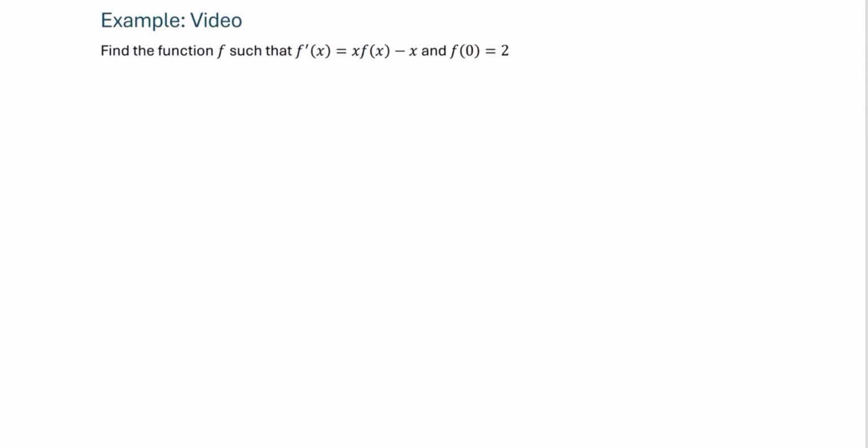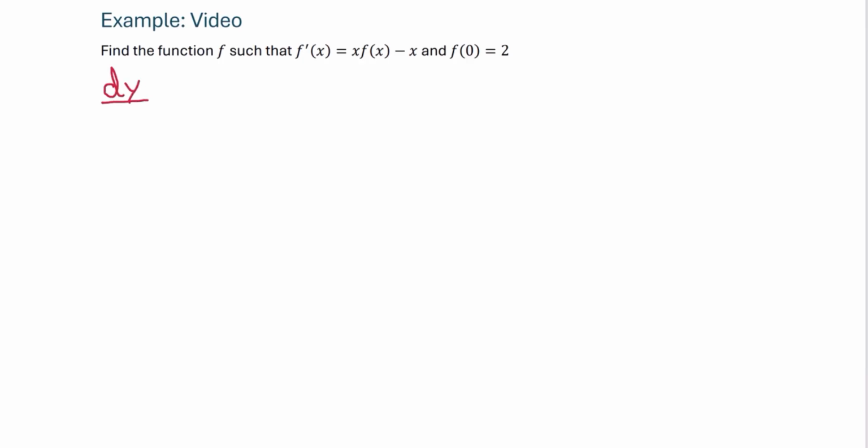Next, let's find the function f such that f prime of x equals x times f minus x, with the initial condition f of 0 equals 2. To begin this one, I'll rewrite some of those terms to help us solve and separate the functions.